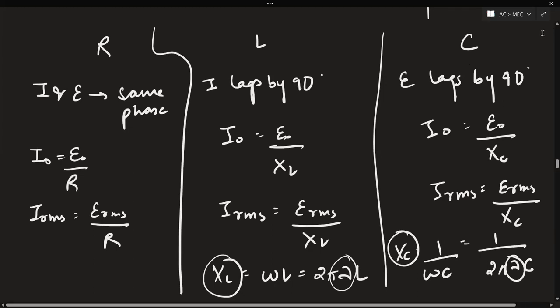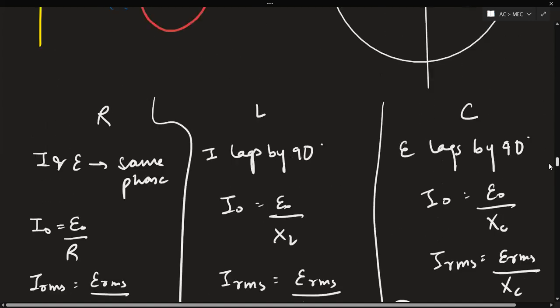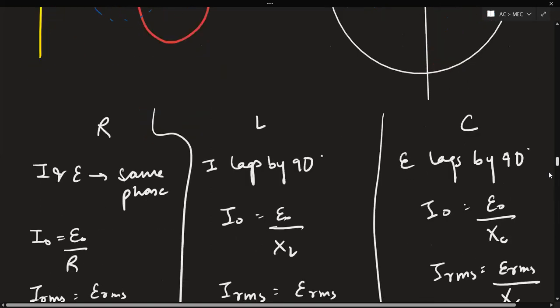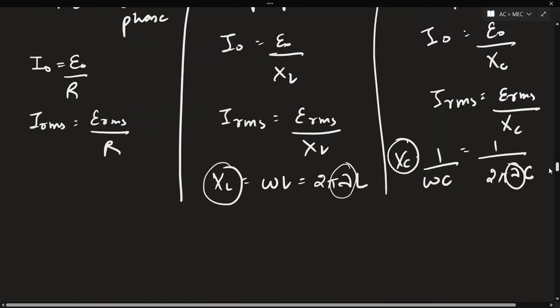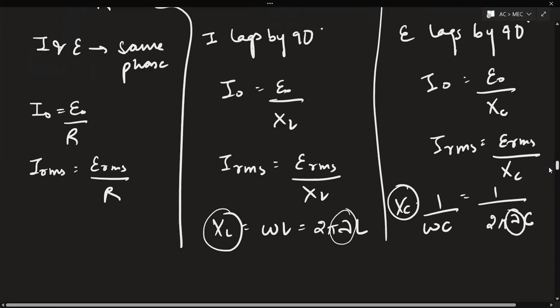Now this is the conclusion. At least this much you have to remember. By this information you can draw out the graphs and the phasors as well. Now I'm giving you a question. So copy down this as well as the question that I'm giving. Try that. It's an easy question.